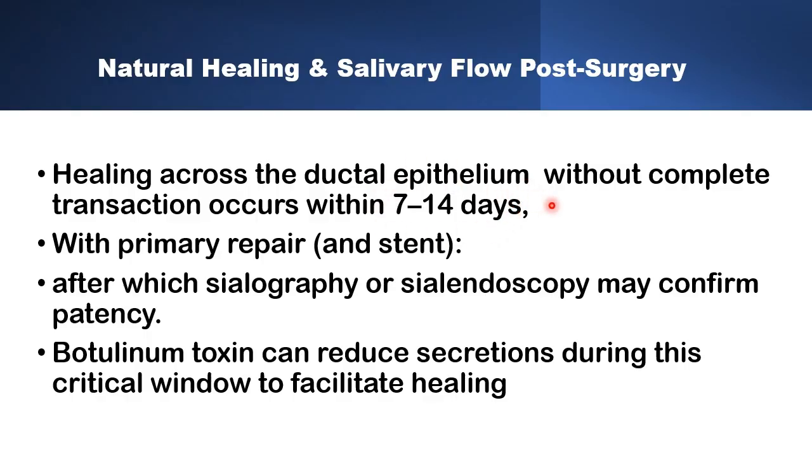And this would also happen after a primary repair if re-anastomosis of the two stumps with stenting is undertaken. And this would usually need to be confirmed by either sialography or sialendoscopy, and sometimes it may help to inject Botox into the residual gland tissue to reduce the flow of saliva during the healing phase, which usually takes between a week and two.